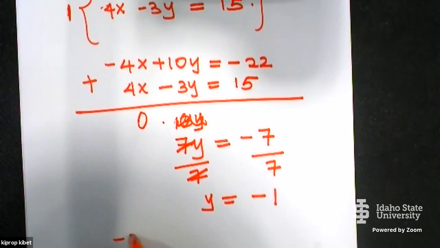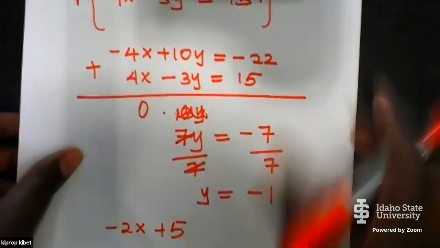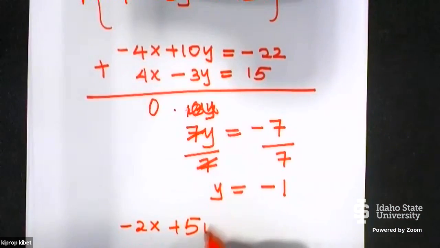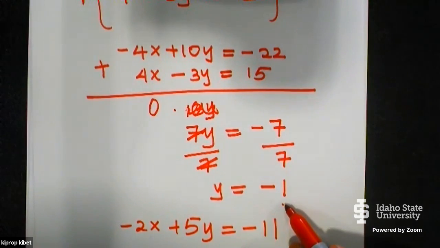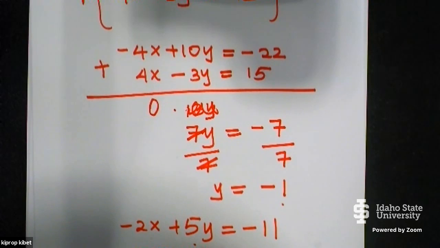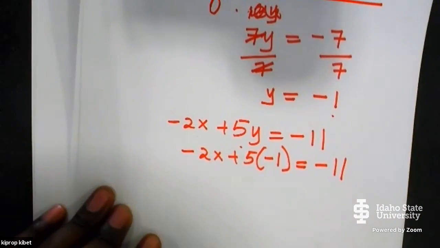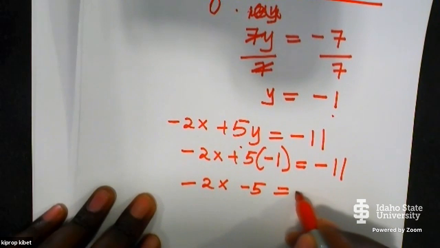We have minus 2x plus 5y equals minus 11. The value of y is minus 1, so we bring it here. Minus 2x plus 5 times minus 1 equals minus 11. So minus 2x minus 5 equals minus 11.